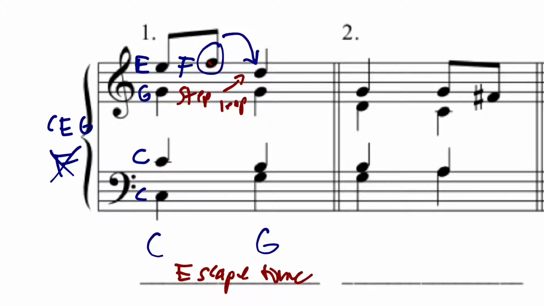In my beautiful writing there, escape tone. All right, so one more time, let's hear what that sounds like. Here's the tone, not part of it, and then it comes back down to the chord tone.